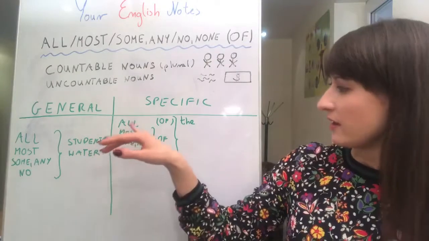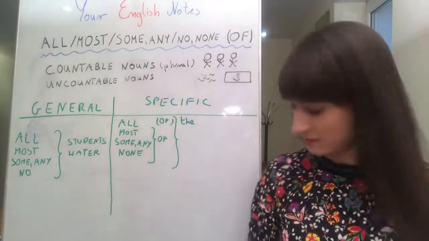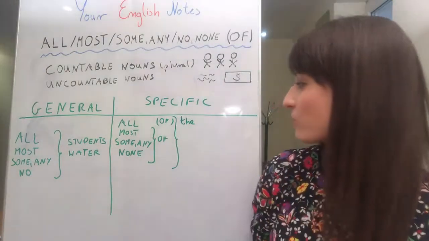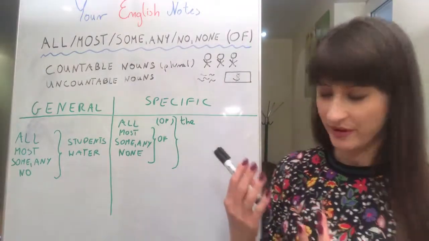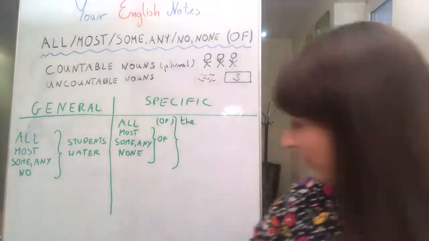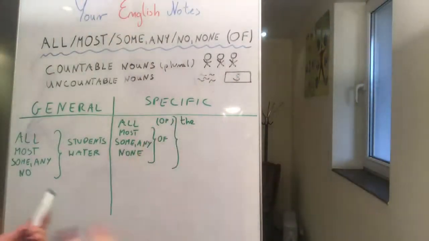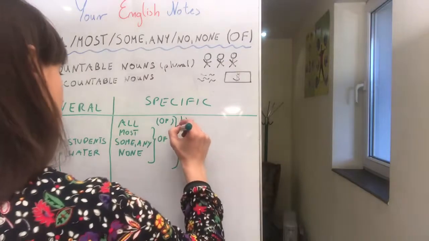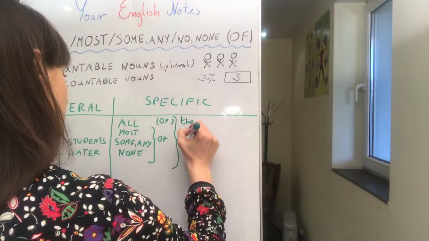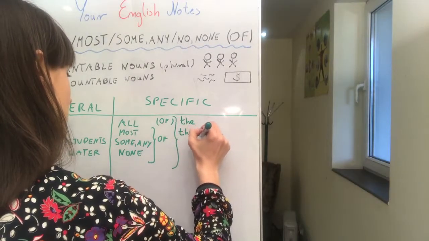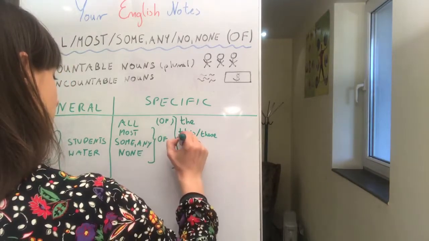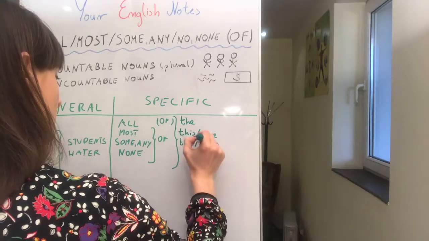But when we say the pens, for example, the pens I'm holding, we are talking about specific pens, the ones I'm holding. And so there is one option to make something specific. You can also point to something, and here we'll use this or these. This will be for uncountables. And that, those.